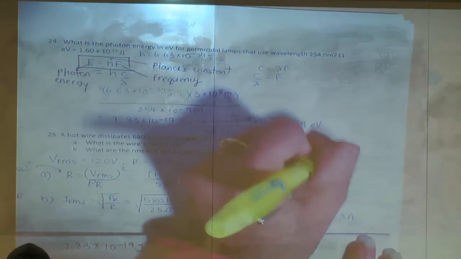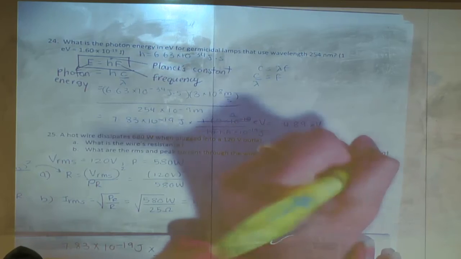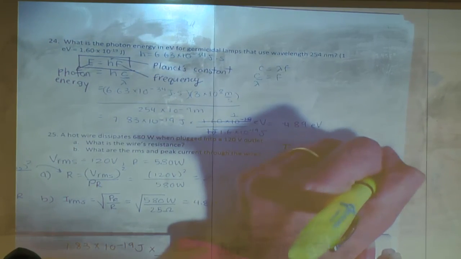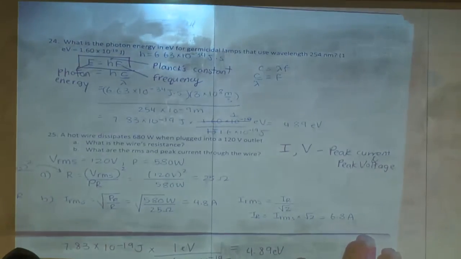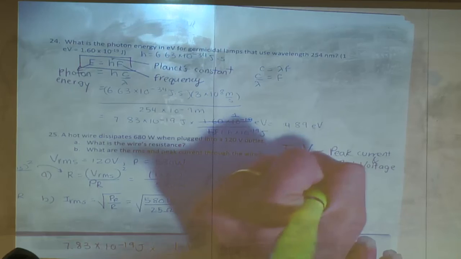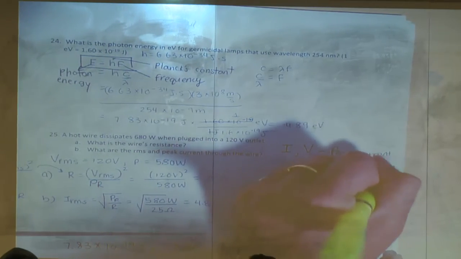So those are the peak current and peak voltage. And then for instantaneous current and instantaneous voltage, we use small letters. So this is instantaneous.